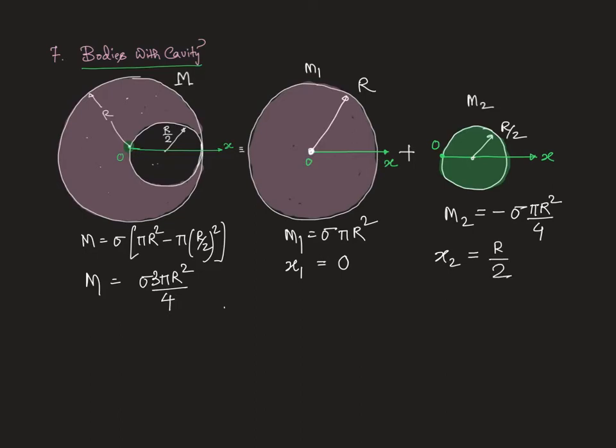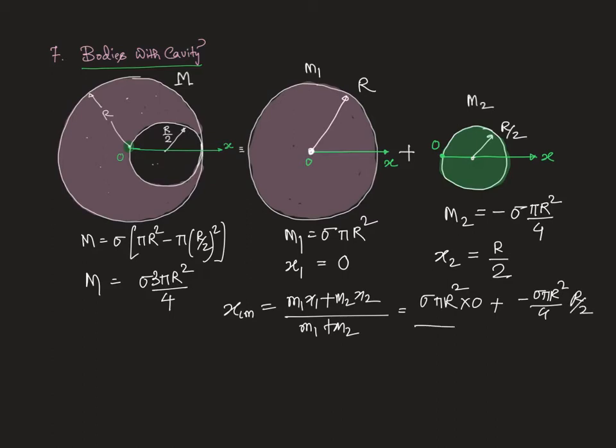So we'll apply the formula xcm equals m1 x1 plus m2 x2 divided by m1 plus m2. So m1 is sigma pi r square times 0 plus, m2 we substitute minus sigma pi r square by 4 into r by 2, divided by m1 plus m2, sigma pi r square minus sigma pi r square by 4.